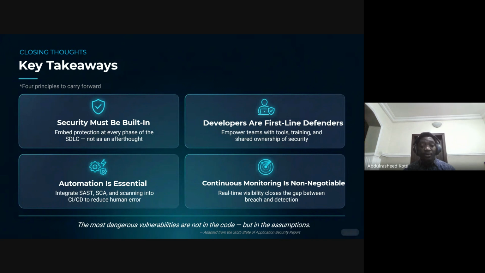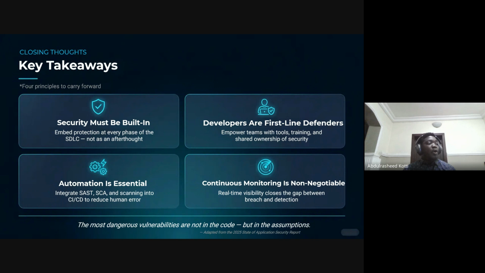If you wait until the end, it is too late. Next, developers are the first line of defense, and this is because they write the code. So they are the best ones to prevent these kinds of issues. If the code is secure, many issues would never have been in place.